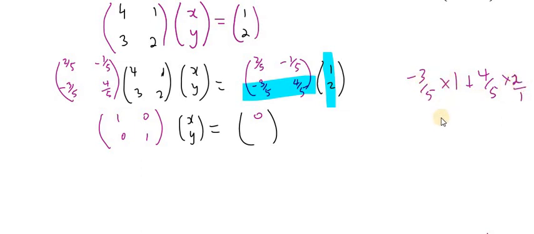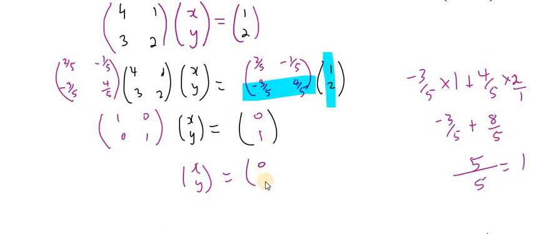So negative 3/5 times 1 is negative 3/5. And 4/5 by 2, so 4 2s are 8 over 5. Keep the denominator of 5. Negative 3 plus 8, that's 5. And 5 into 5 goes once. Get 1 there. Now remember, when you multiply the identity matrix by a matrix, you get back the same matrix.